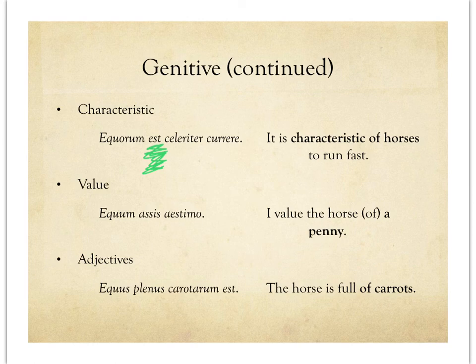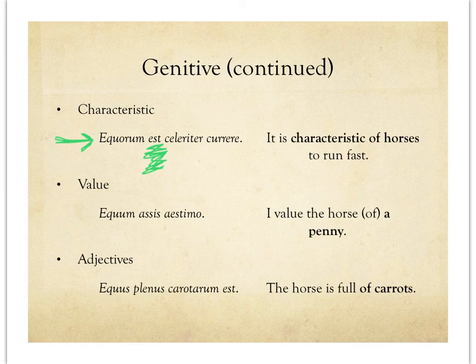Equorum est celeriter currere. It is of horses. That is, it is characteristic of horses. It is the kind of thing horses do to run swiftly. So there's no word in there for characteristic. It's that this is the source of this trait. It is of horses. It pertains to horses. It belongs to horses to run quickly.